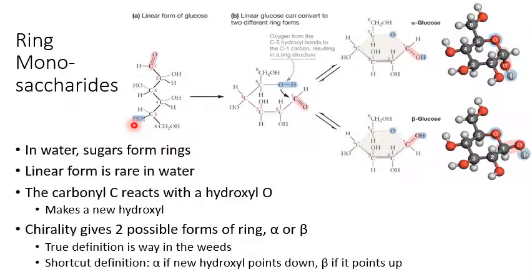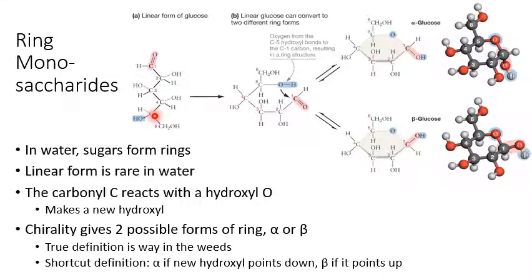When it's doing that reaction to form the ring, you're always going to have the carbonyl carbon reacting with one of the other hydroxyl groups in the sugar. So always the carbonyl carbon and some hydroxyl group in the sugar. In this case for glucose, it's going to be the hydroxyl group that is on carbon 5.